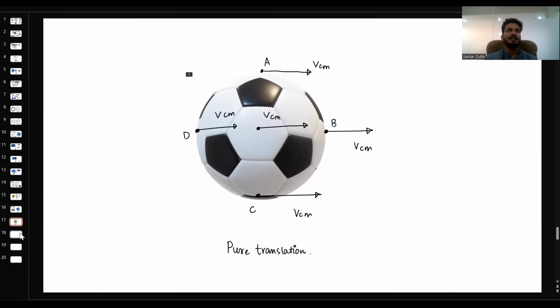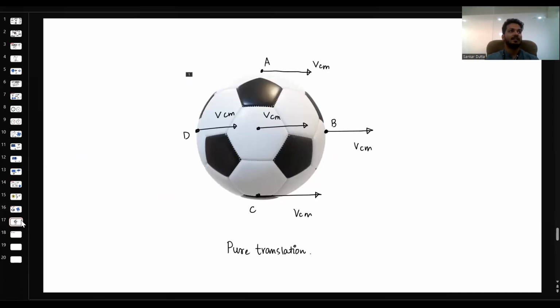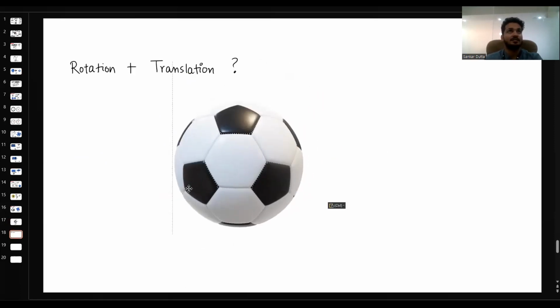Now, what will be both rotation and translation? Rotation plus translation. How does it work? You'll have a body which is rolling like this.